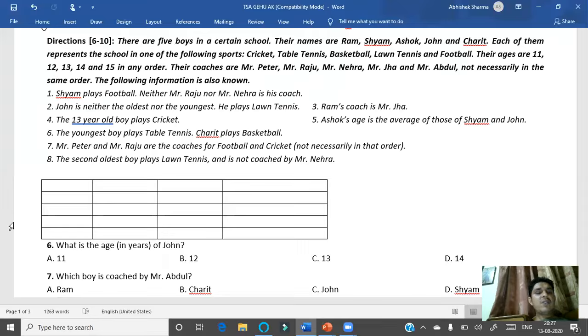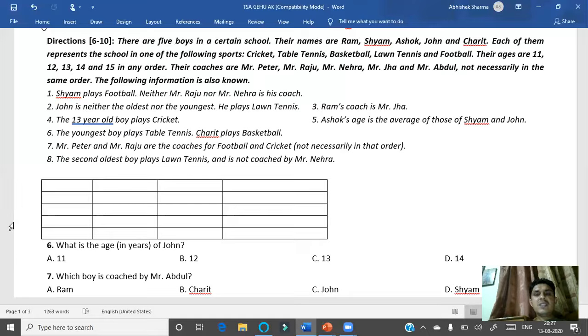Their ages are 11, 12, 13, 14, 15 in any order. Their coaches are Mr. Peter, Mr. Raju, Mr. Nehra, Mr. Jha, Mr. Abdul, not necessarily in the same order. The following information is also known. So if we look at the given statement firstly, I'm not finding any name of days or name of month, right?